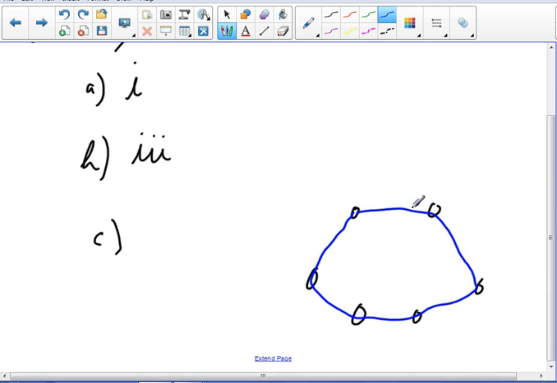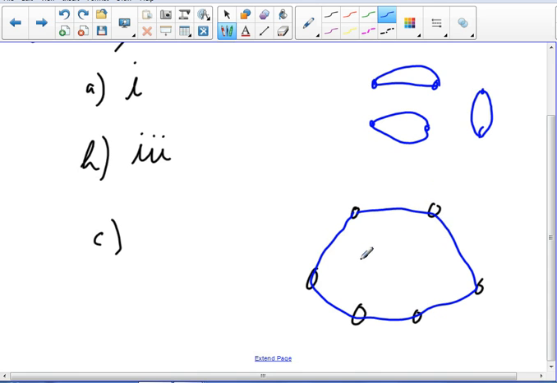In which case I could have an Euler circuit, but not a path. But I could have something like this. And that would be a graph with 6 vertices, each of degree 2, and I don't have any Euler circuit or Euler path, right?